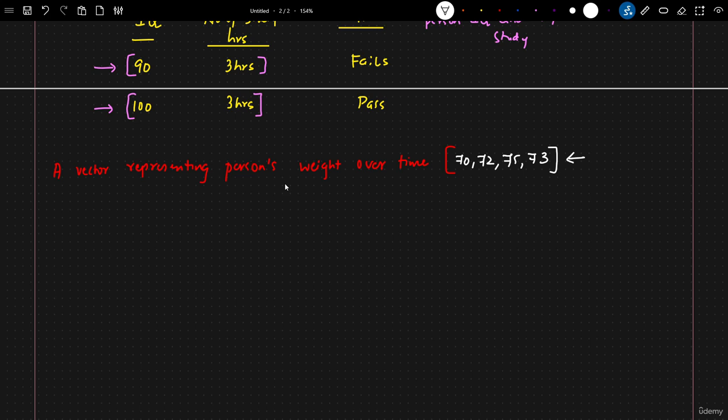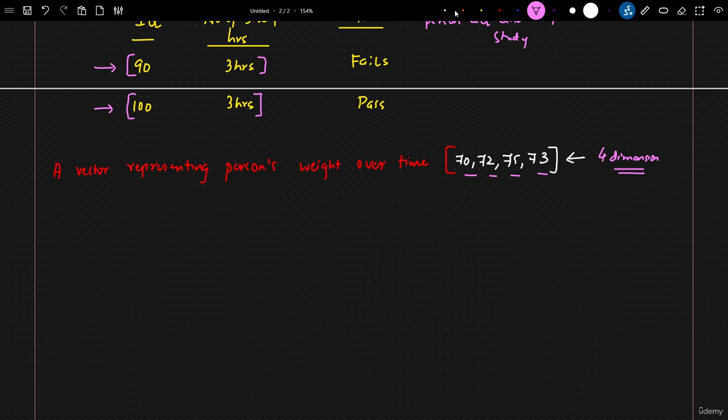If I represent a vector in data science, it represents a collection of values. It can be in different dimensions. Since I have this vector of 4 values, this represents 4 dimensions. So you don't need to think about whether this has a specific direction.